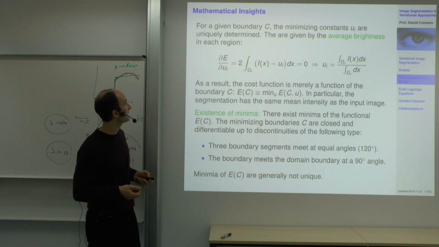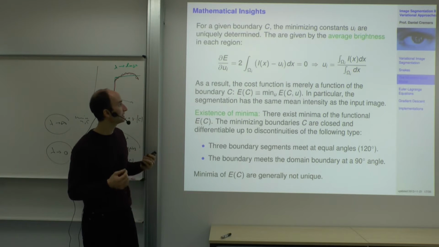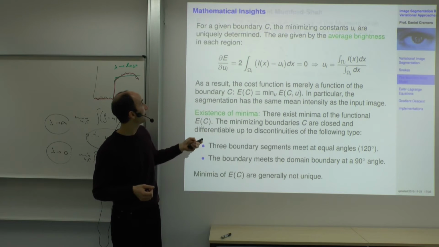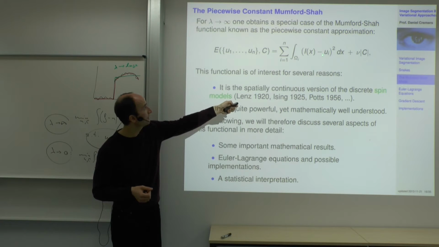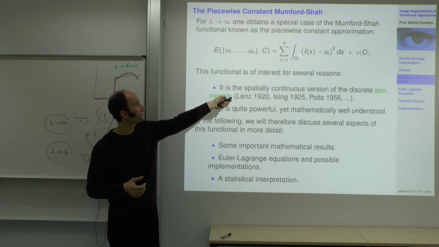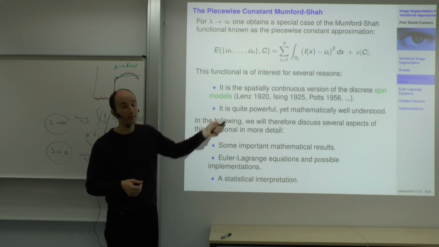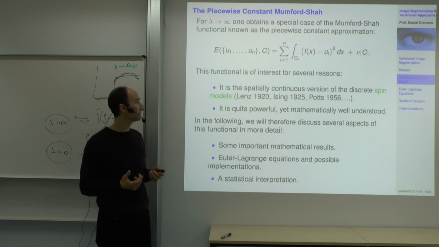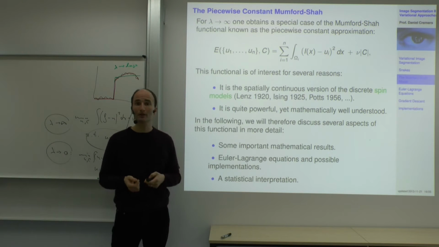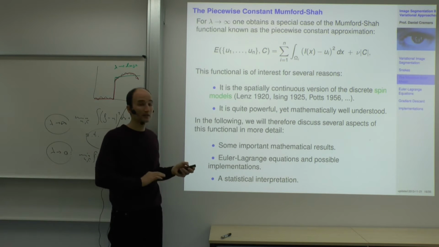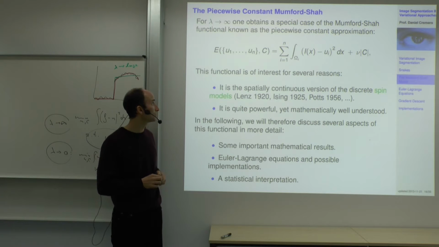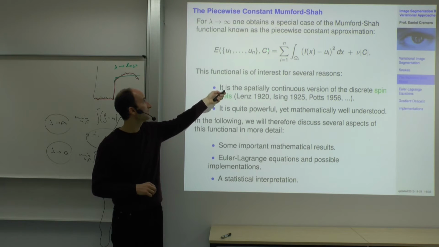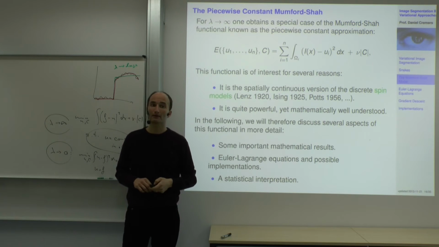Some mathematical insights. If we look at the cost function, as I said, it contains two variables. These values Ui, here we have them, these brightness constants for each region omega i, and then the boundary C. And in practice, what is currently mostly done to minimize such energies is that you alternate the optimization in the boundary and the average gray values.